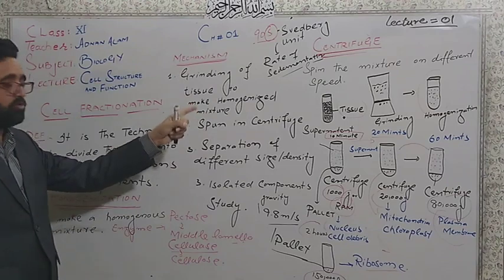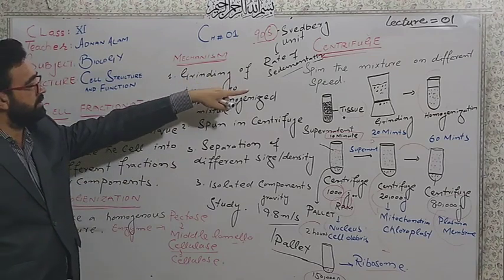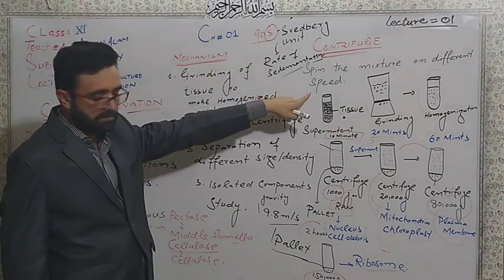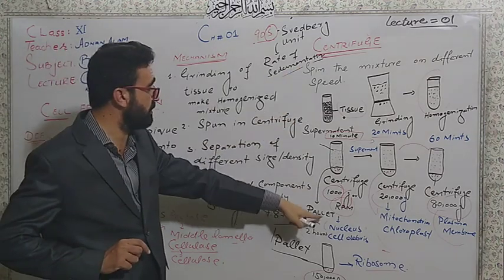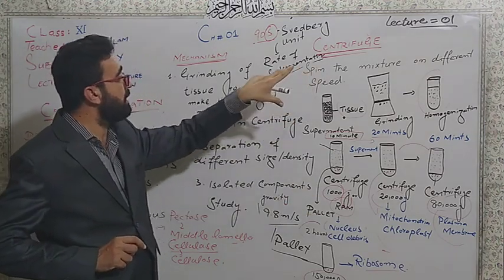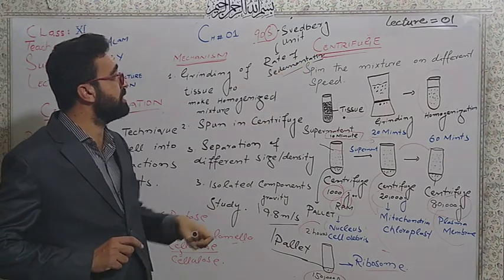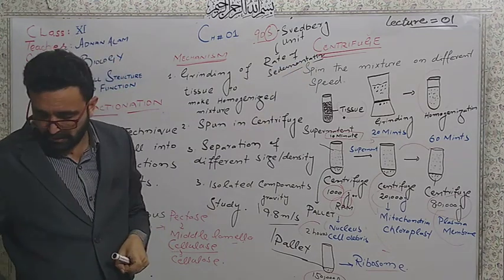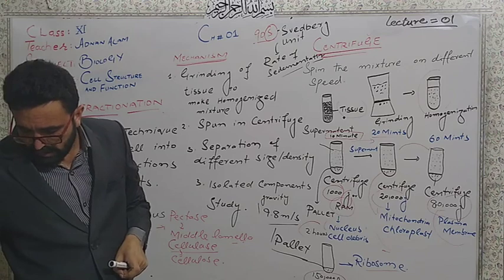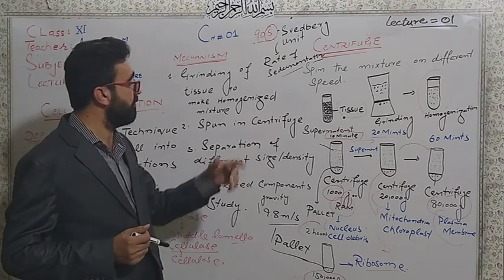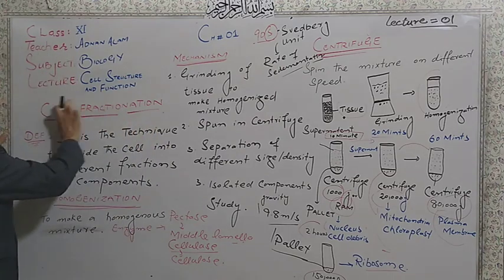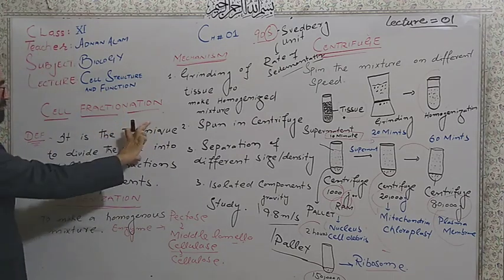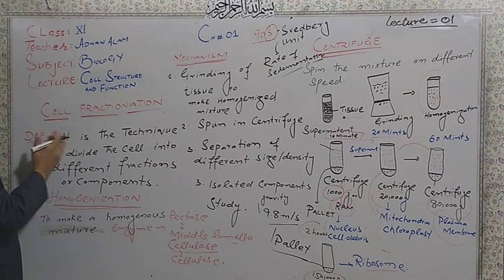Once again, giving you a quick review, this centrifugation is differential centrifugation. And now we will study the next type, which is called density gradient centrifugation. So first, having a quick review of cell fractionation, the definition is to divide the cell into different fractions.